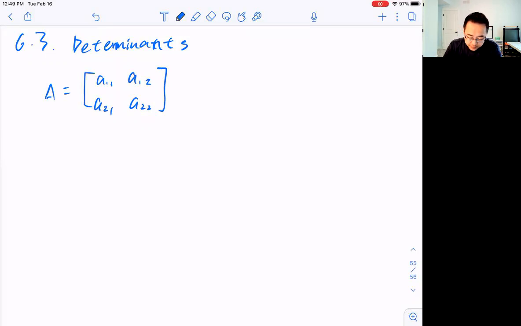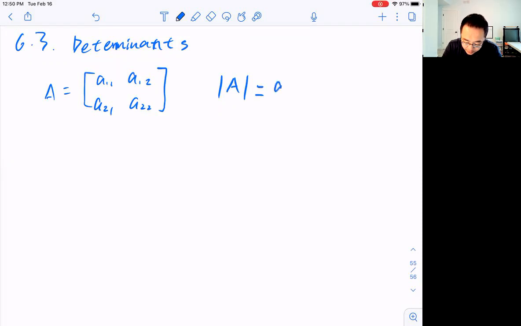The determinant of this matrix is denoted by A with 2 vertical bars around it, and it is not an absolute value. In linear algebra, or the world of matrices, this is the determinant. For a 2x2 matrix, this is very easy.